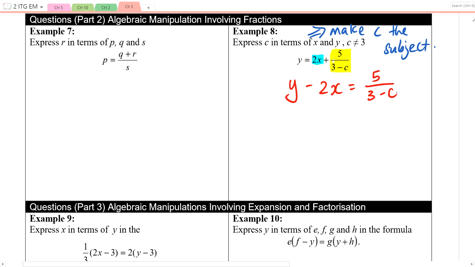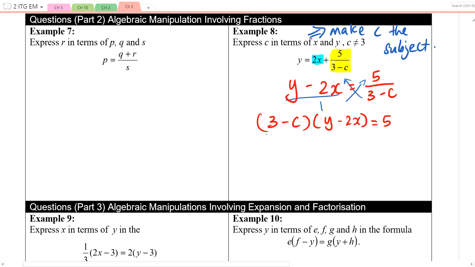Now I want to move the c out from the denominator. So whenever we see a fraction is equal to something else, we naturally want to do this. The next step will give us 3 minus c multiplied by y minus 2x equals 5.